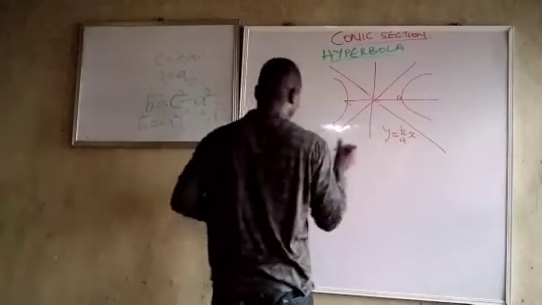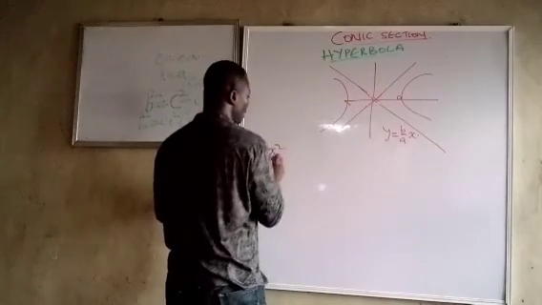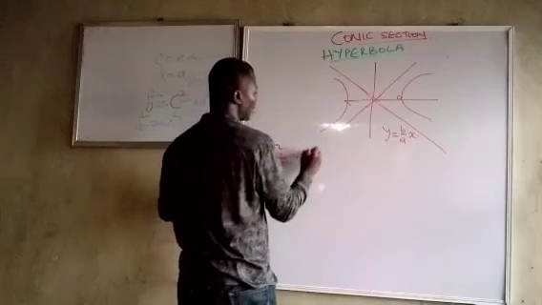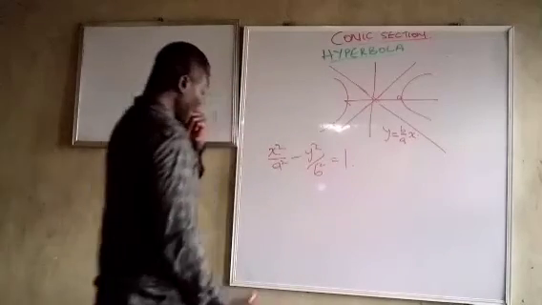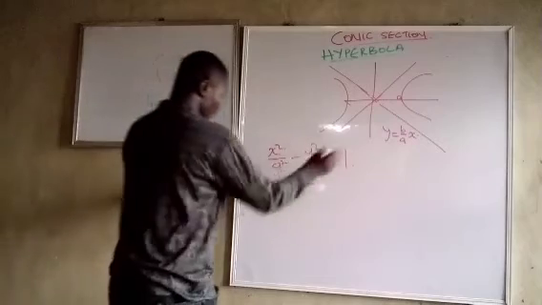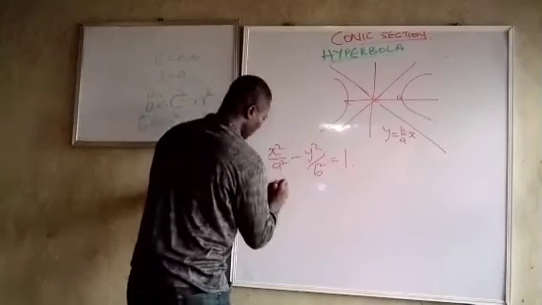How do we get that? Know that x squared over a squared minus y squared over b squared equals 1. When x tends to infinity, let's look at what y will be.